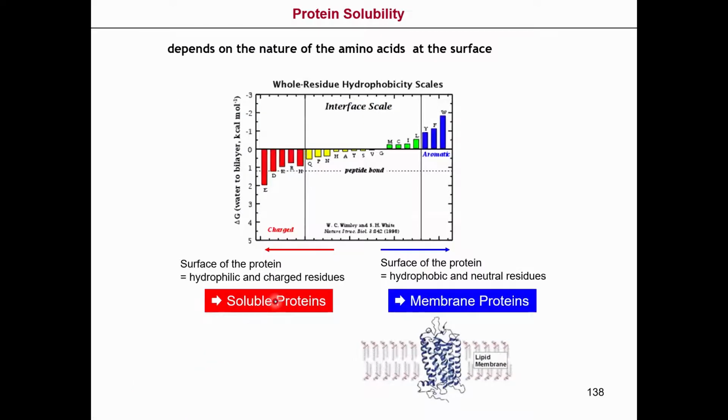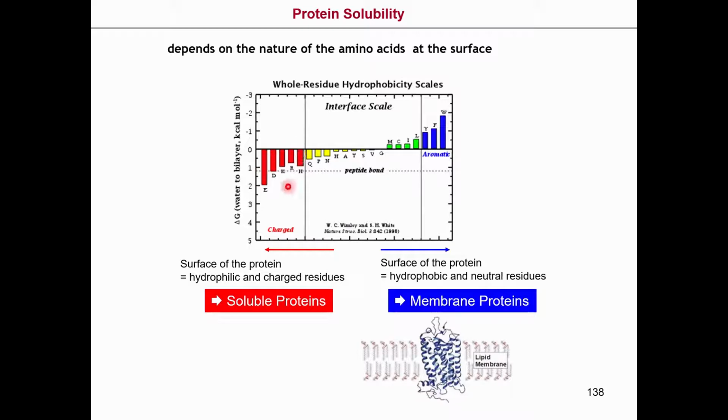So the protein solubility depends on the nature of the amino acids at the surface. So we can have here what we call a hydropathy plot. You have all the amino acids charged.